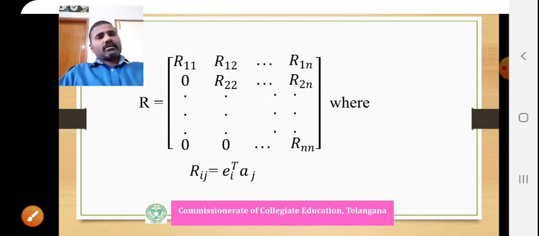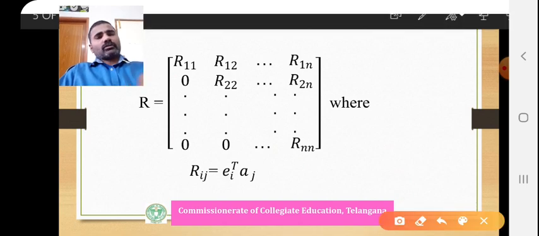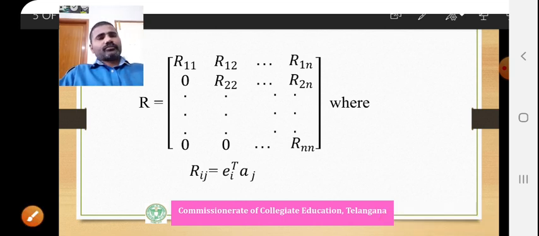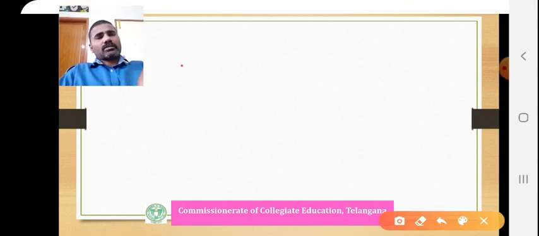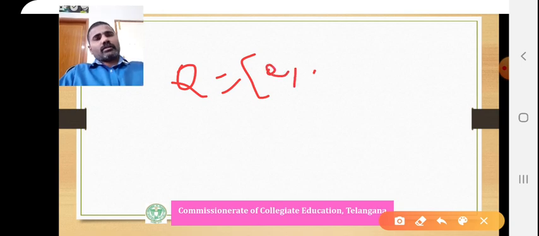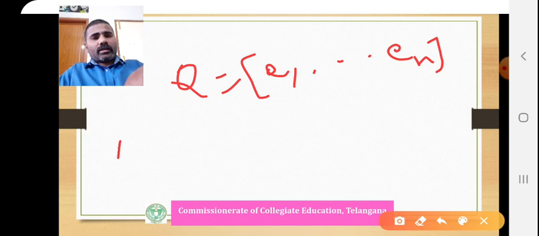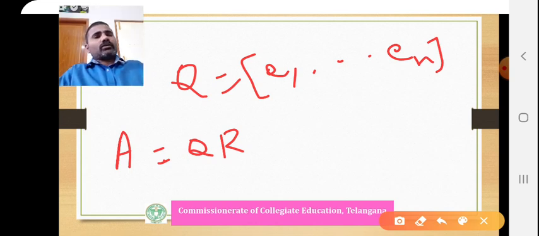Here Ei are the orthonormal vectors, after normalizing, of the basis of column A. This is how we can construct R. Or otherwise, after constructing Q by finding the orthogonal vectors using the Gram-Schmidt orthogonalization process, Q becomes the orthonormal vectors E1, E2, En, and A equals QR. Since Q is an orthogonal matrix, Q transpose Q is an identity matrix.